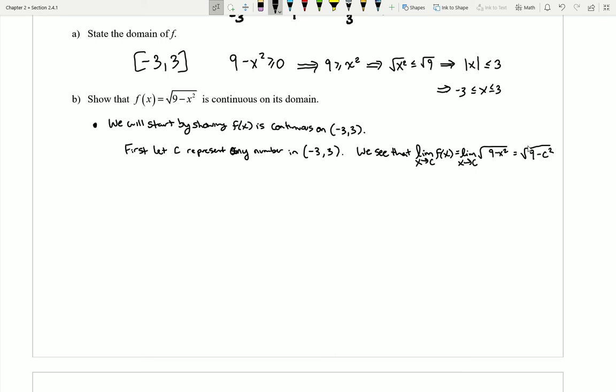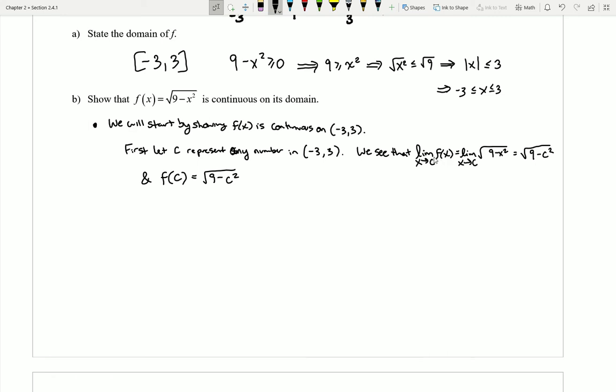Now, I don't know what that answer actually is. Like, I don't know what number that is, because that totally depends on what c is. However, I can see what's going to happen when I plug in c to the function in general. Remember, this is how I check to see if a function's continuous. I check its limit, and I check its y value. So let's see. The f of c itself is actually going to look like the square root of 9 minus c squared.